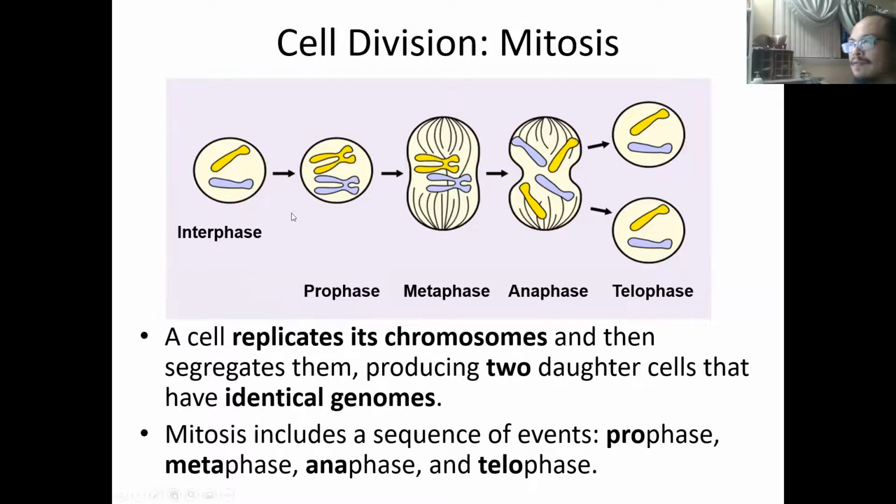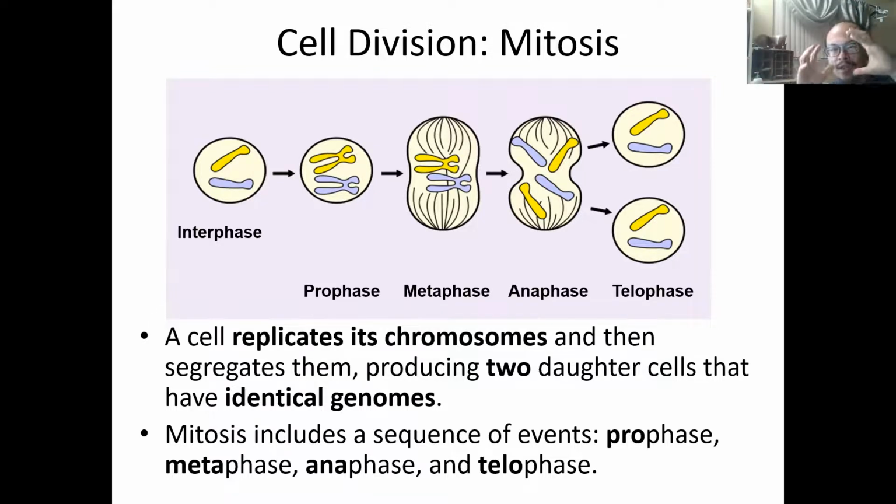So here is one. If we don't look at anything in between, it will produce two, and these two are identical to each other as well as identical to the mother cell. So that is the goal. That is the result of mitosis.